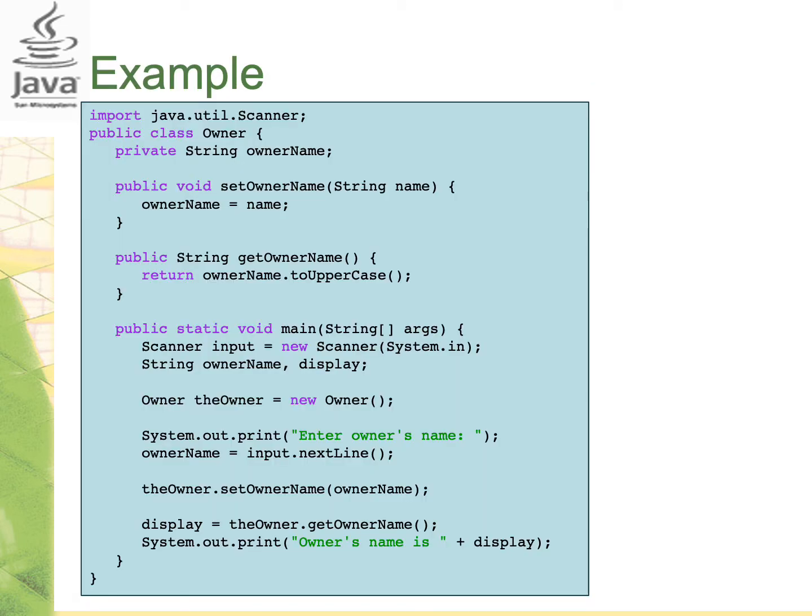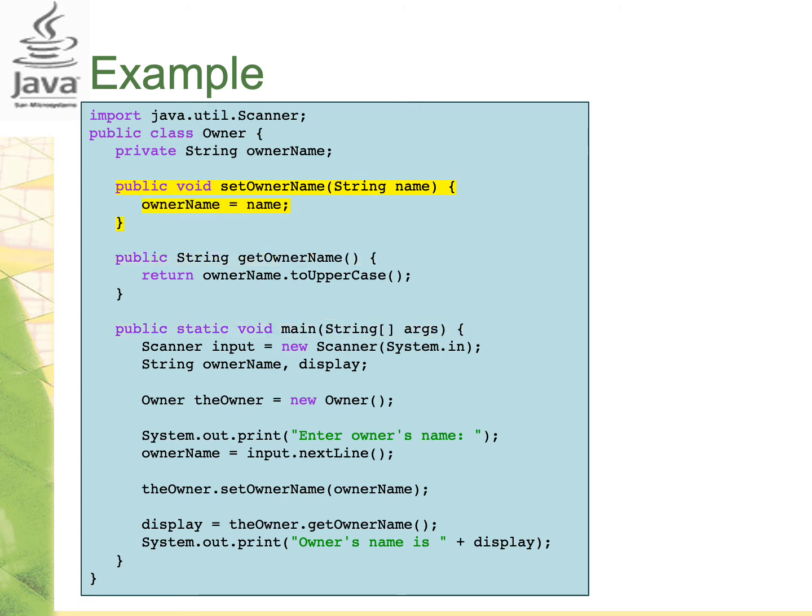Say that we have this code. Let's go through it line by line to understand what's happening. Here we have a class called Owner. The data member of this class is private String ownerName. In this class, we have three methods called setOwnerName, getOwnerName, and the main method.